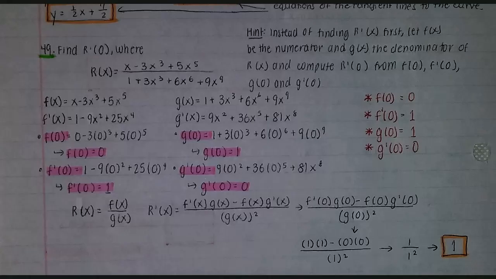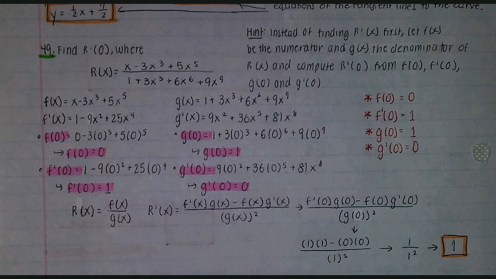Yeah. Okay, so for this question, as it states, instead of finding the derivative r prime of 0, the derivative of r at 0, we have to use f of x and g of x to simplify the question so that it's easier on our end.